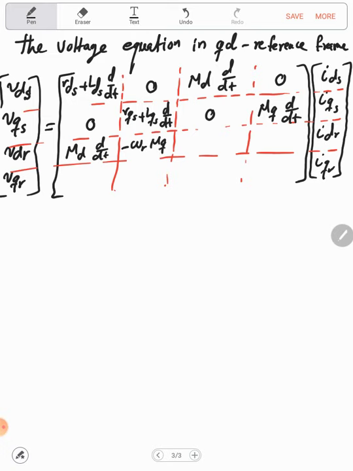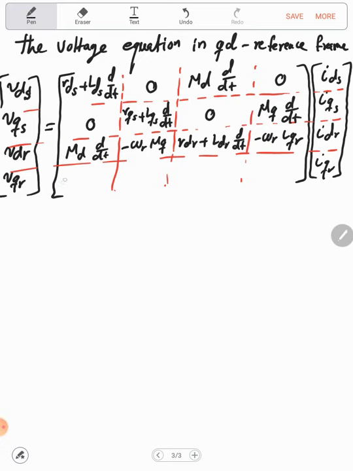Here R dr plus L dr d by dt. Here is minus omega r L QR.